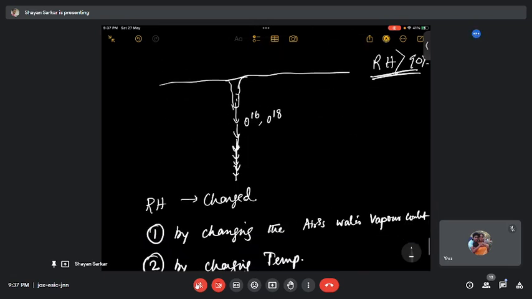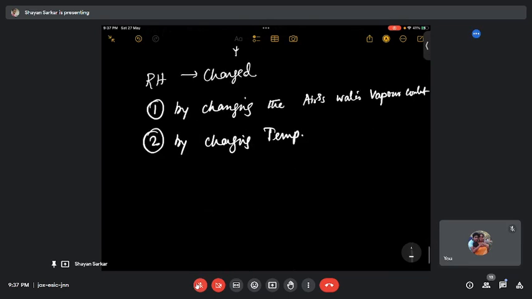আচ্ছা, now second point is by changing temperature. So suppose air temperature is increasing.